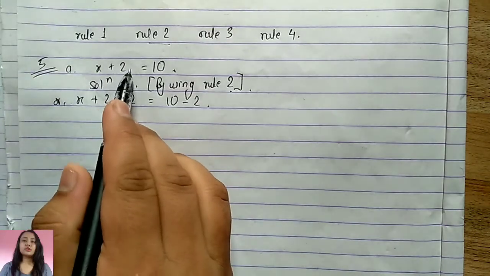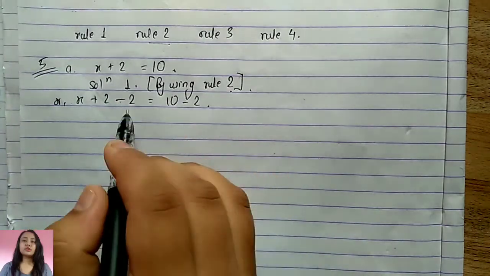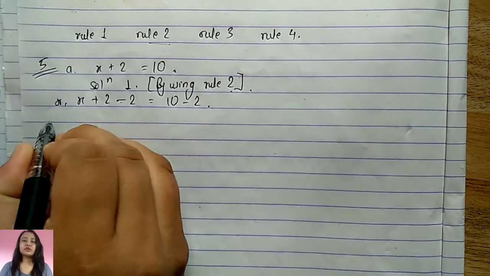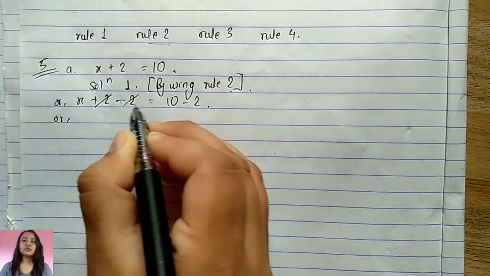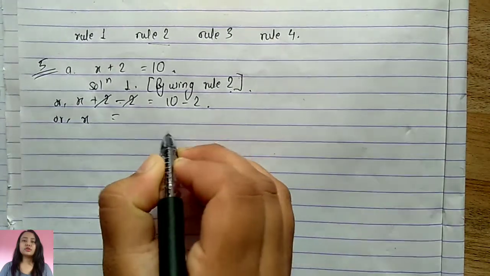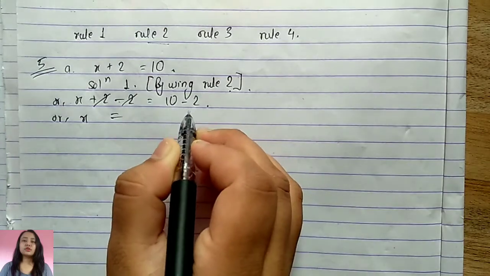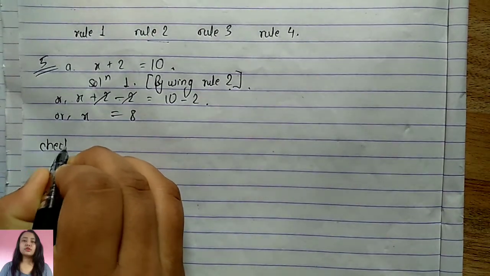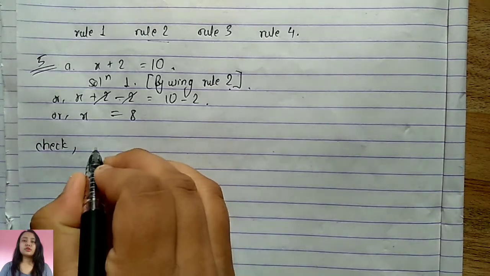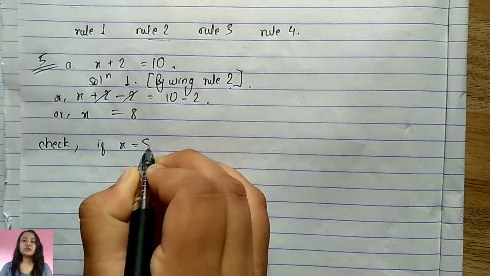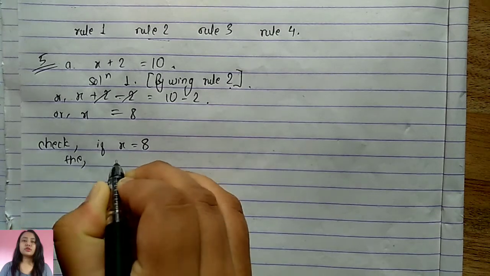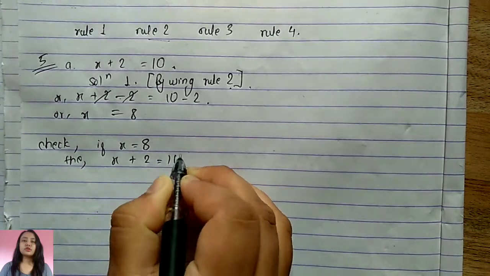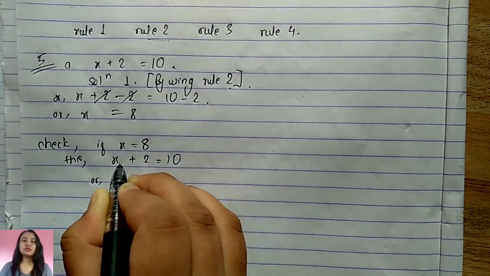The same plus 2 will be minus 2 here also. On both sides we have to subtract 2, so the plus 2 and minus 2 will cancel out and x will remain. Similarly, 10 minus 2 is 8. Now how to check? Let's check. Checking: if x equals 8, then x plus 2 equals 10.